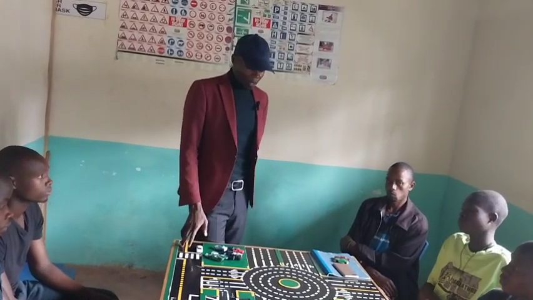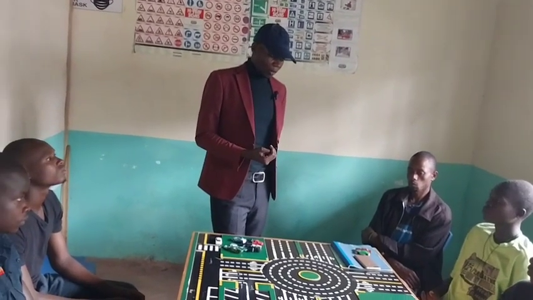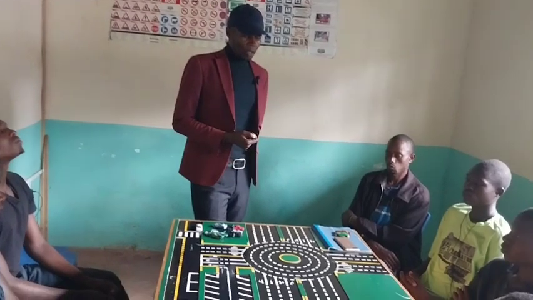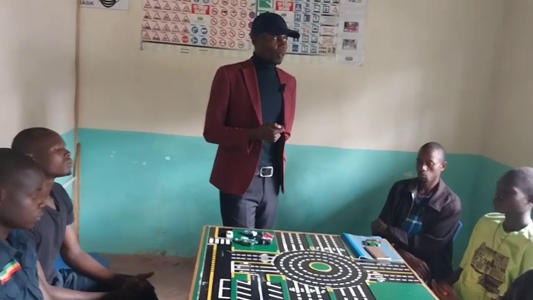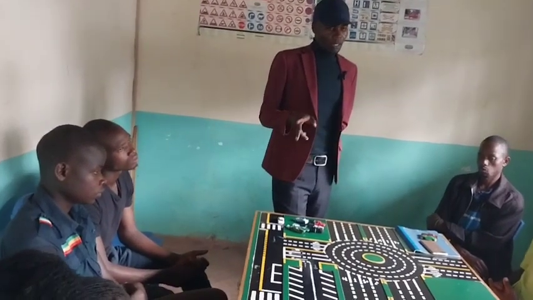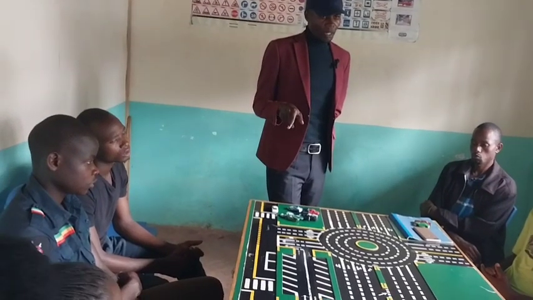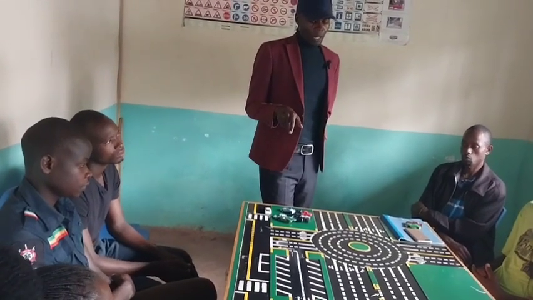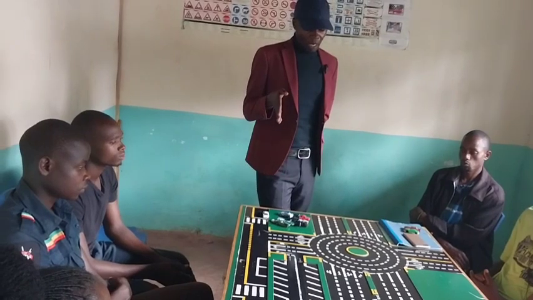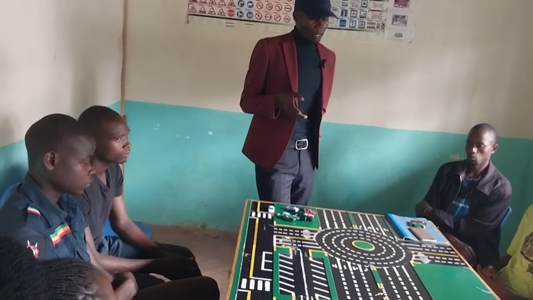Now, we said a model town board has got two types of ways. One is called two-way traffic. Two-way traffic is a road where vehicles are meeting in opposite directions. It has been painted with a yellow line in the middle of the road.